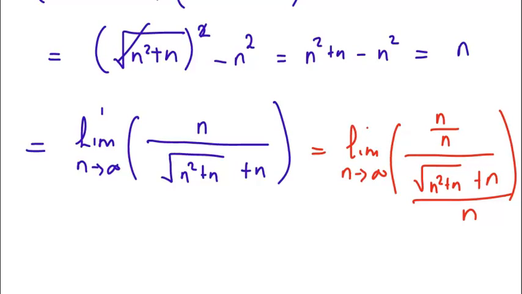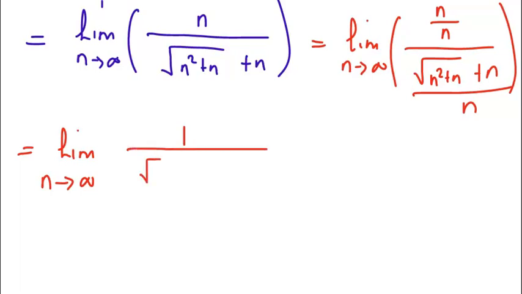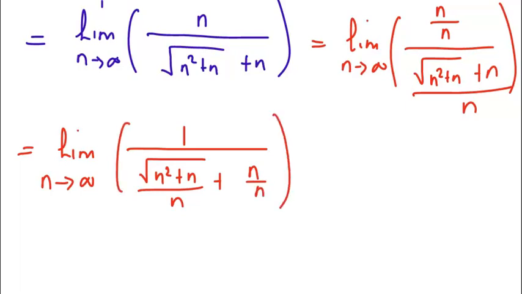Now at the numerator we have just 1, so this is equal to limit as n is approaching infinity. So up here we have 1 and then divided by, so split the denominator, we have the square root of n squared plus n divided by n and then plus n divided by n.